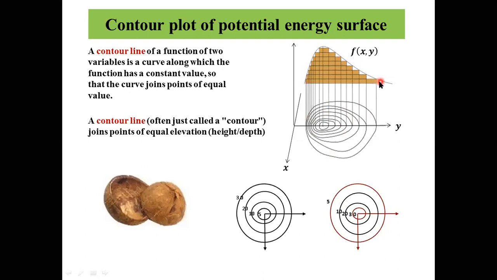If I project the same height, let's say this line, then this line, onto a contour line, that will give you the idea of how the contour reflects the shape of the three-dimensional or multi-dimensional picture. Here it is basically a 2D contour, and then we go to the three-dimensional picture.